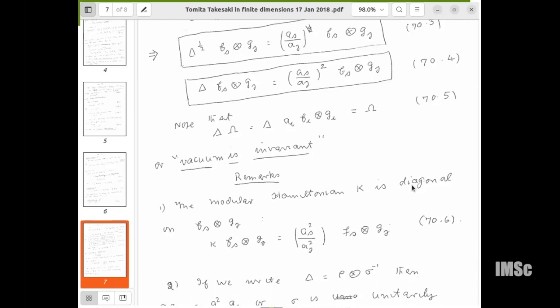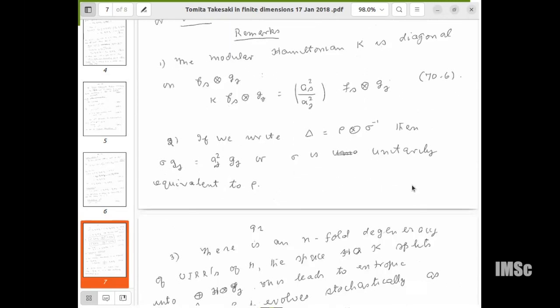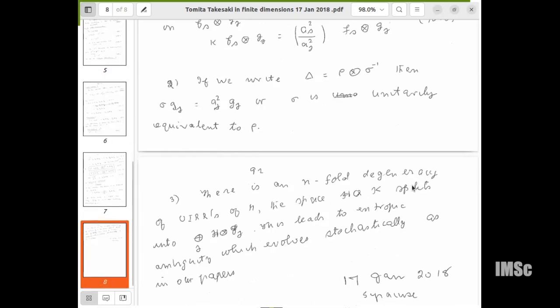When it is equal to K, you get zero again. So for what we call the modular Hamiltonian, you get zero eigenvalue, but for the modular operator, you get 1 as the eigenvalue. That is just a side remark.